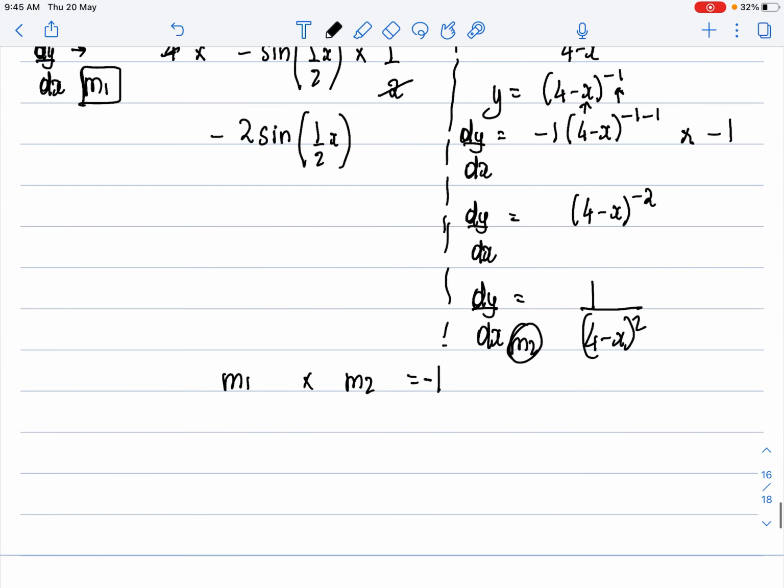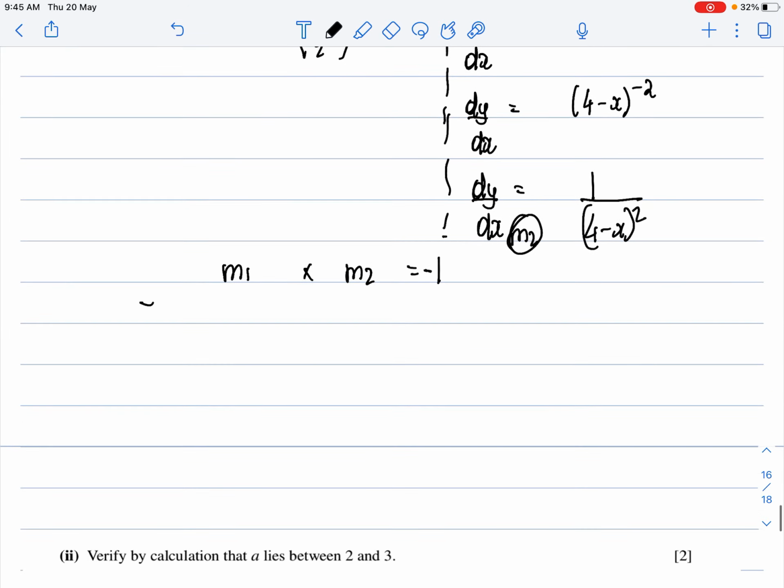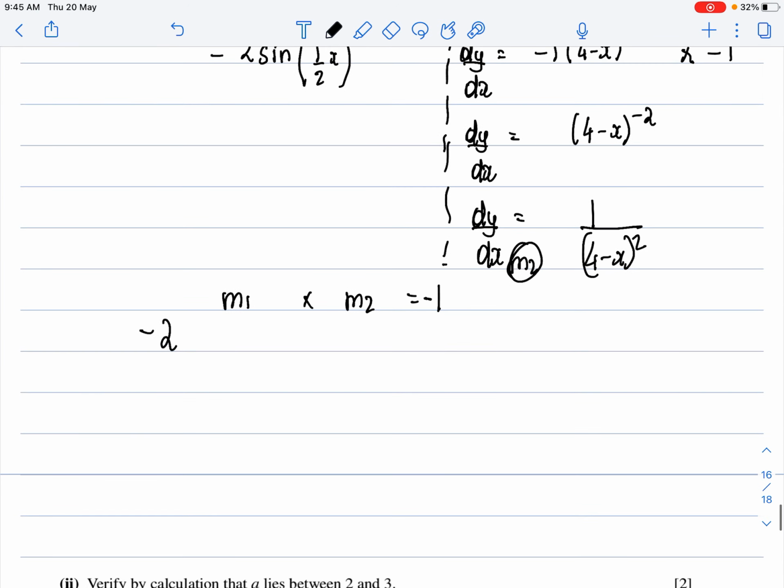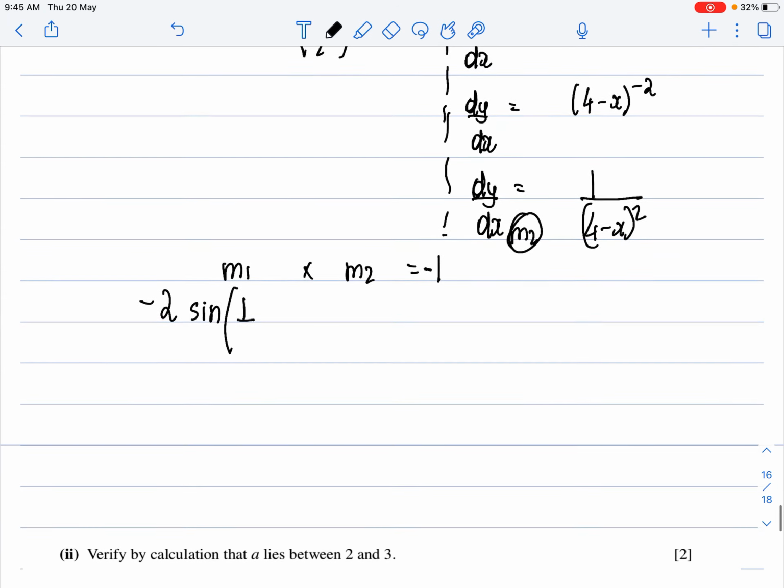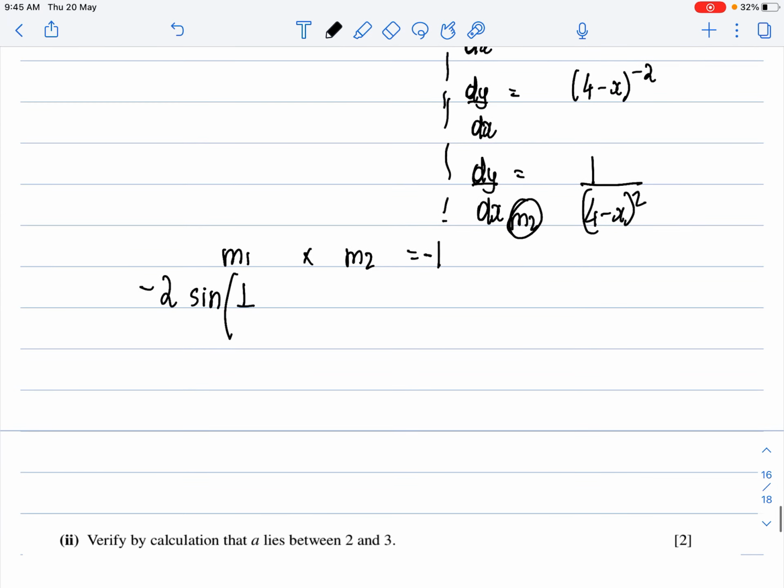So now it's minus 2 sine half a, because when x is a, that is where they intersect and the tangents are perpendicular.